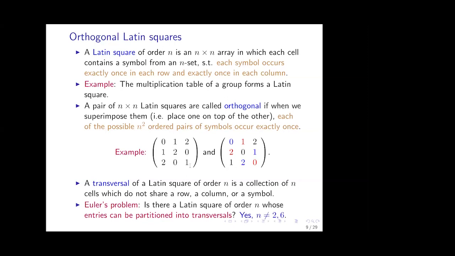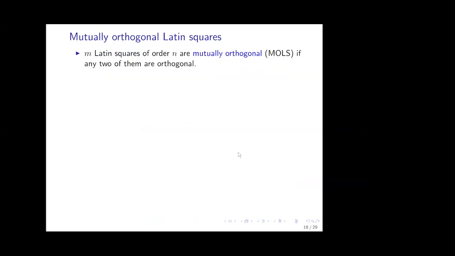This problem was solved in the 1960s. The answer is yes, but n cannot be 2 or 6. A further question is, can one construct more Latin squares such that any pair of them are mutually orthogonal?